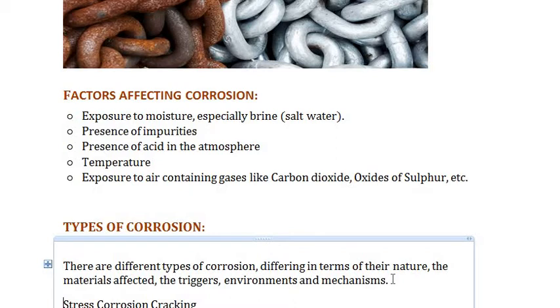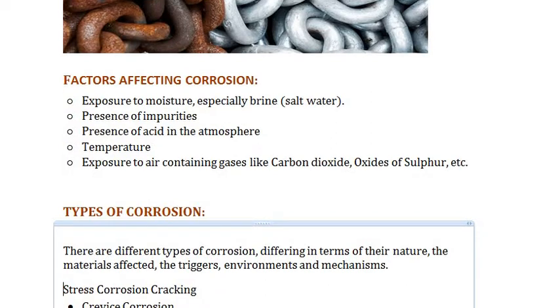And stress corrosion cracking can also be abbreviated as SCC. As the name implies, it refers to the cracking of the metal as a result of the corrosive environment. Because the environment has the tendency to cause corrosion, it is called a corrosive environment.